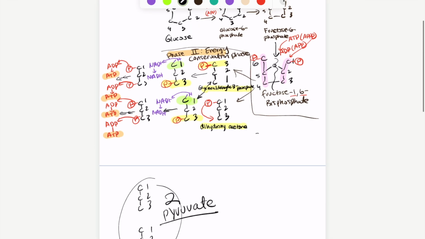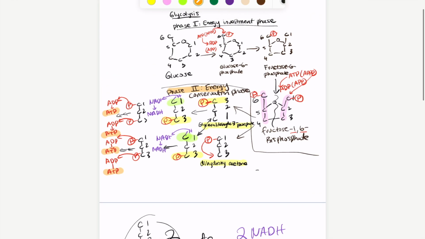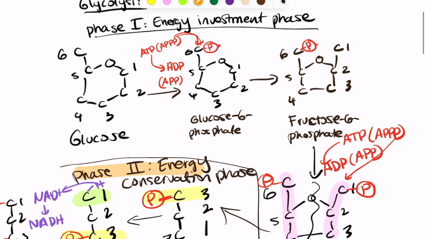So overall, the products that we made: 2 pyruvate, 2 NADH, and 2 net ATP. Okay? Because we used 2 ATP at the beginning, which became ADP here.